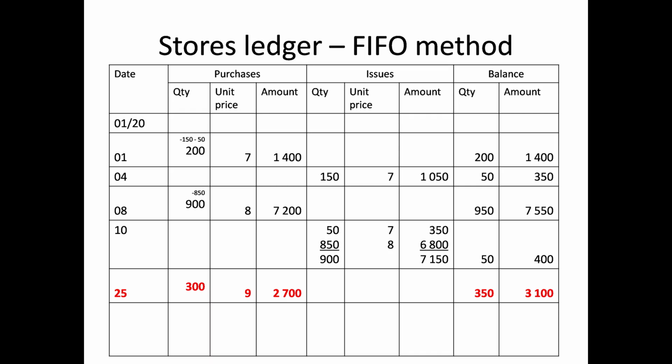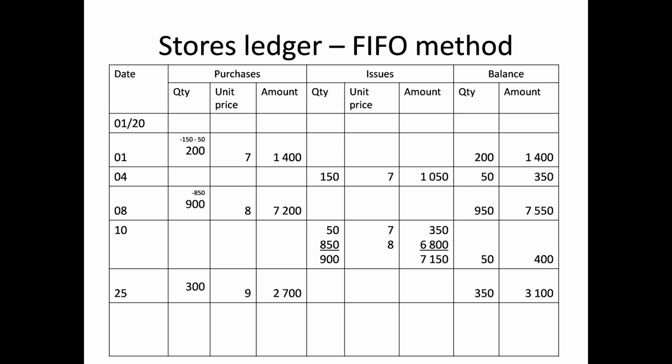You had 50 units, then you purchased 300 units. Now the quantity is 350 units. Amount you had 400, then you purchased 2700. Now the amount is 400 plus 2700, it's 3100.